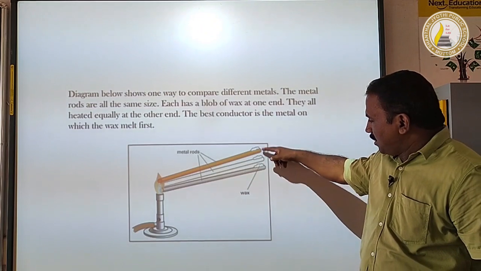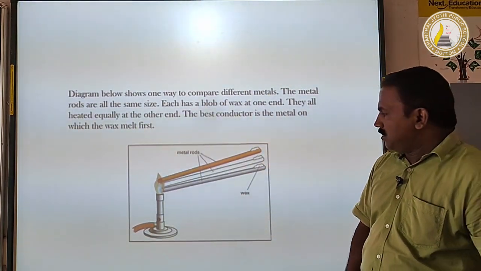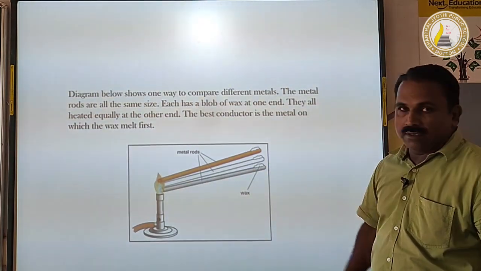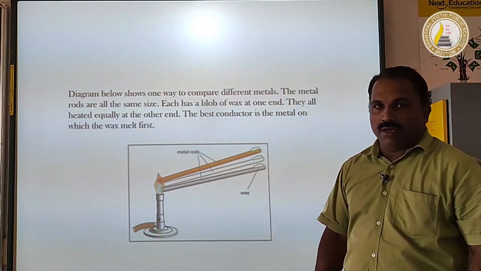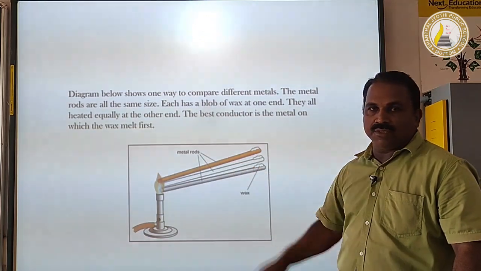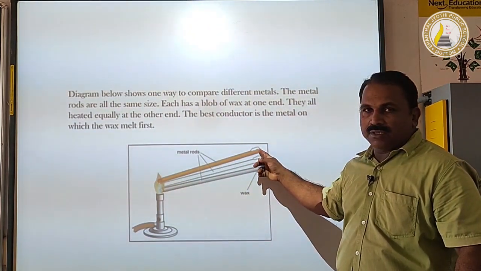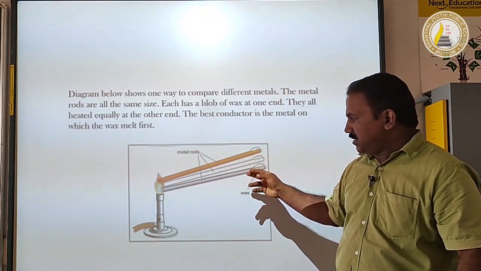On the other end of the metal rods, some wax is pasted. Then we can observe which wax melts first. That depends upon the conductivity. If the conductivity is high, so a very good conductor, then the wax pasted on the good conductor melts first.